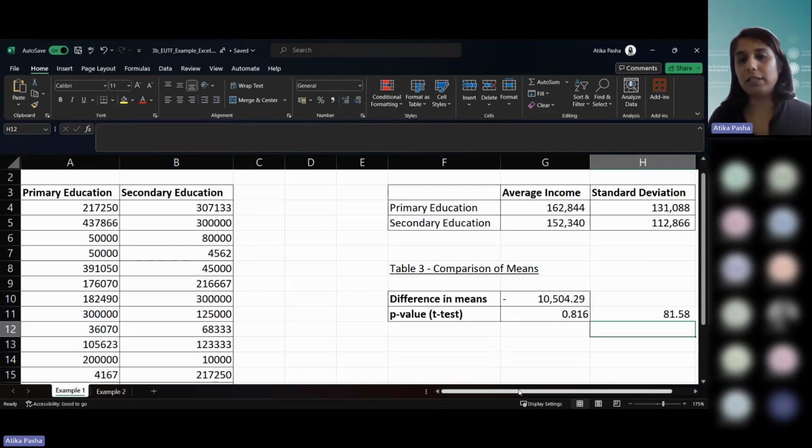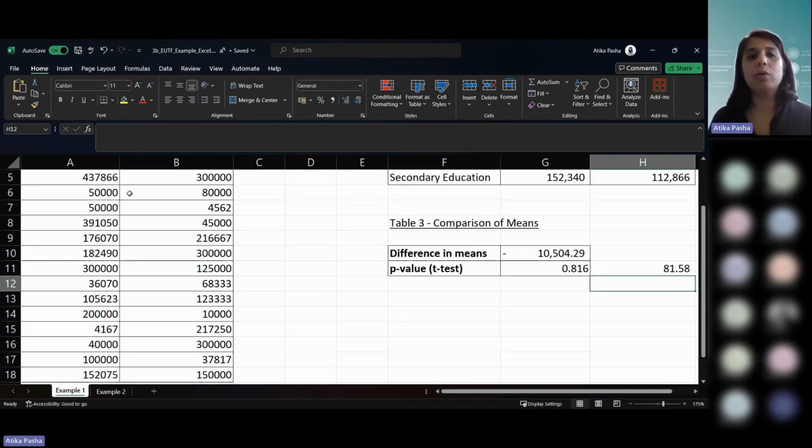And the null hypothesis is basically that the average income between these two sets of individuals is not different, one having primary education, one having secondary education. So our null hypothesis is not rejected. We cannot say that having a primary education as opposed to a secondary education will yield differences in income between the two.